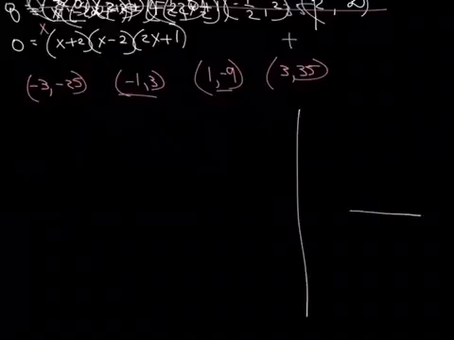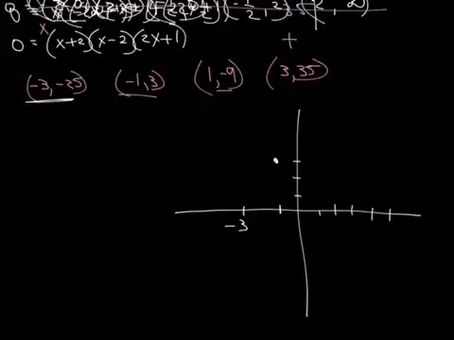So I've got my graph, and I know that one of my points is negative 3, negative 25. So let's put this as negative 3, and my negative 25 is going to be way, way down there somewhere, so we can't really graph that. But I can graph negative 1, 3, and 1, negative 9.